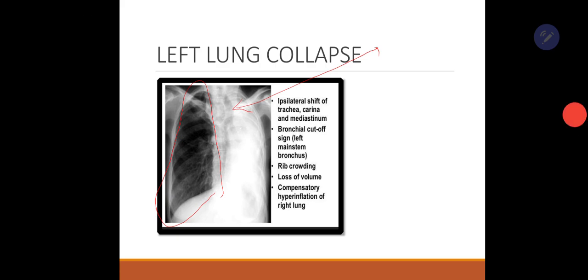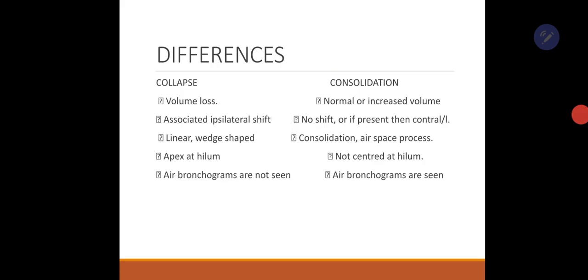Now let's go to the differences between collapse and consolidation, the two topics which we discussed. There is volume loss in collapse. In consolidation there is no volume loss; in fact, it is either normal or increased. Associated ipsilateral shift in collapse; in consolidation there is no shift, or if at all present, it will be a contralateral shift of the trachea and mediastinal structures.